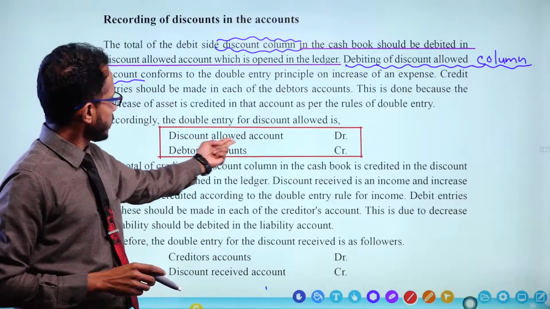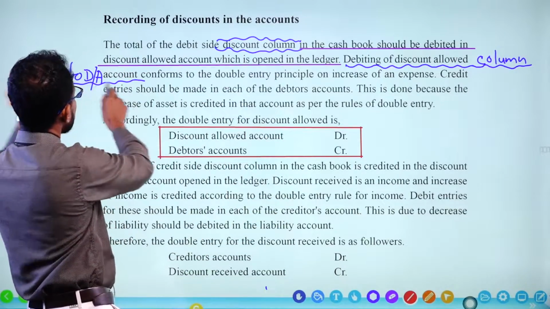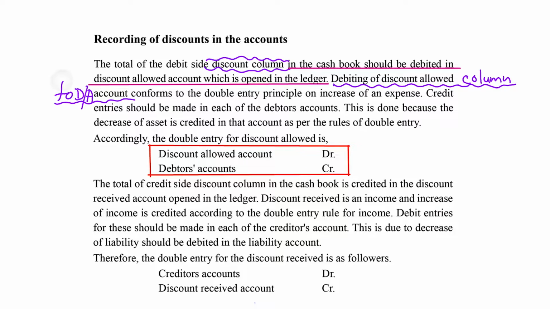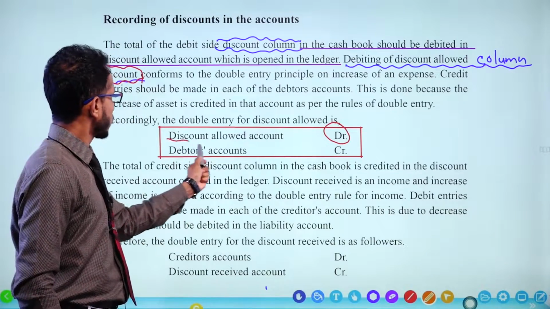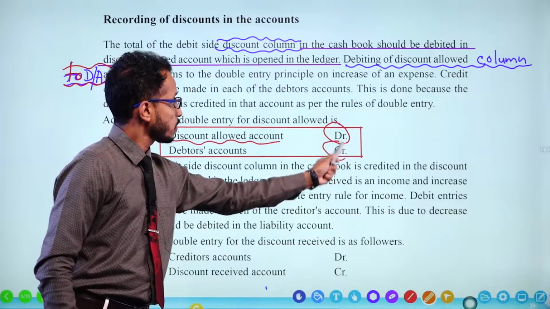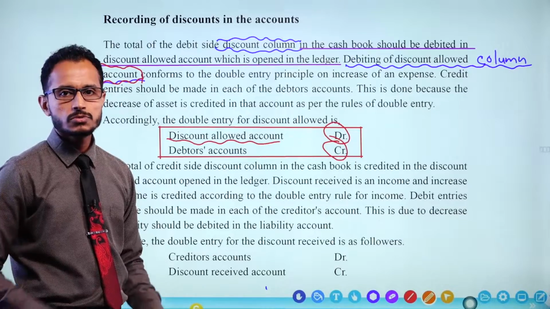When you debit the discounts allowed account, as it is mentioned here, that amount should be credited to the relevant debtors accounts.